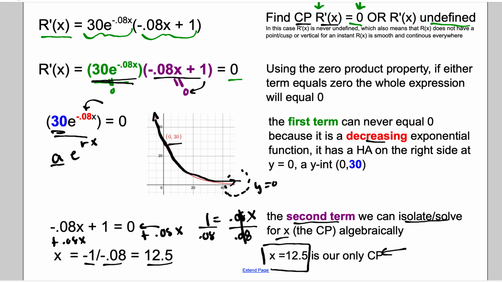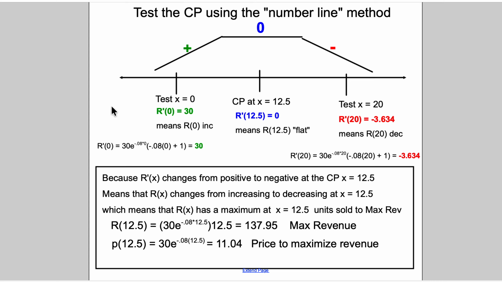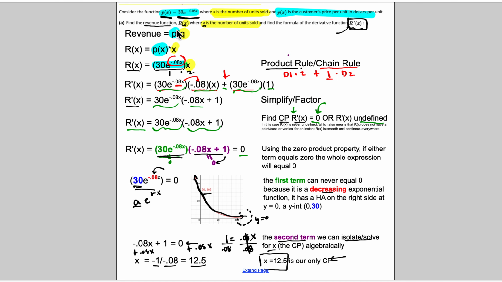So let's go and do this by hand first. So once I get my critical point or points, I'm going to set up my number line here. Now remember, when I look at this function, I know that my domain is going to be all real numbers because I have this exponential function times a linear function.